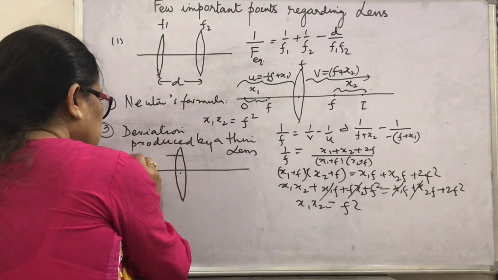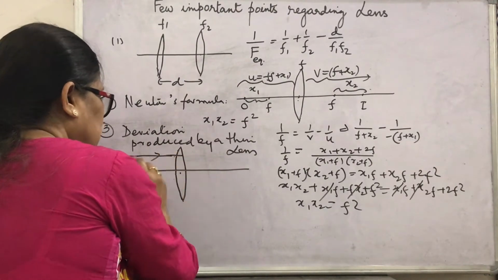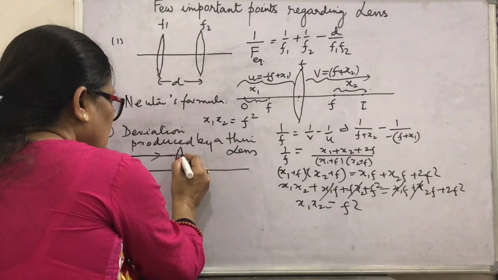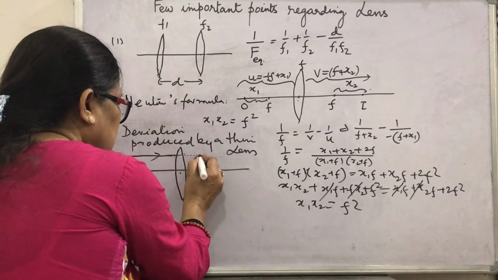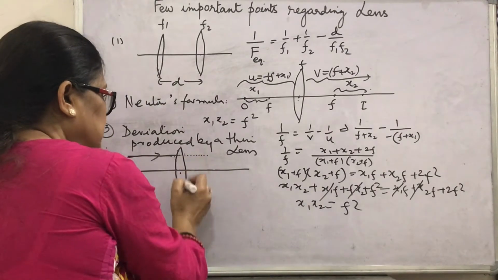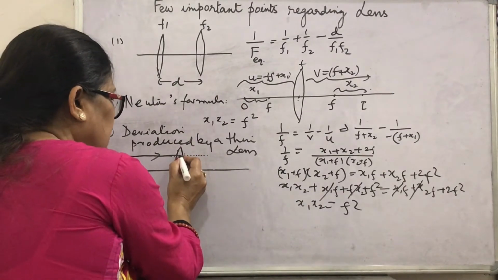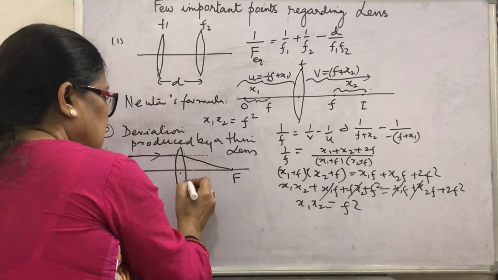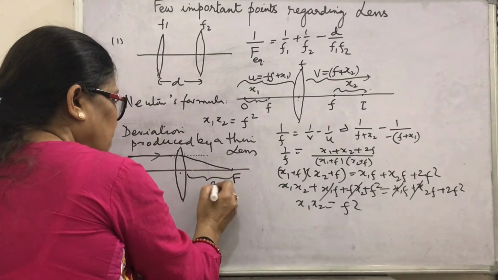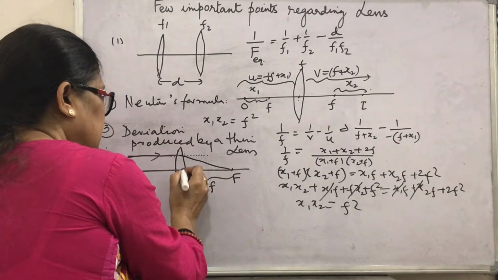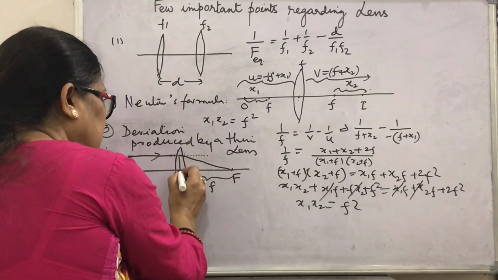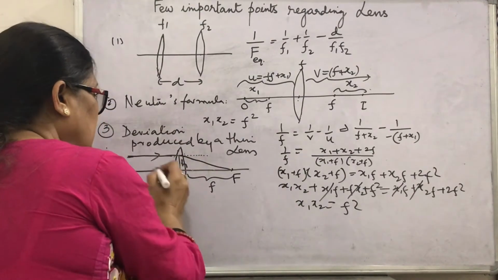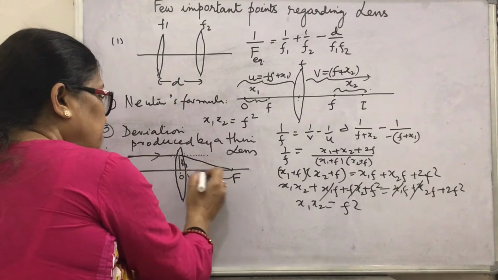If this is the incident ray which is parallel to the principal axis, and if it is extended further, then this will be its path in the absence of the lens. But what happens in the presence of the lens? This will be the point of focus and this distance will be the focal length from the optical center. Let this height be h. Then what is the deviation produced?